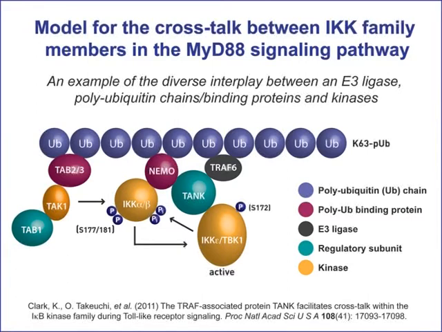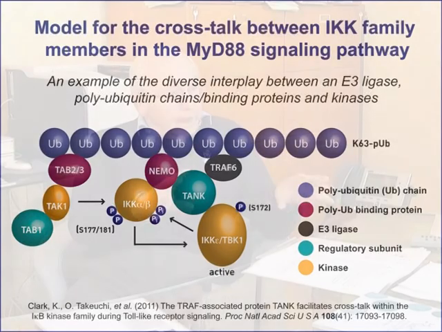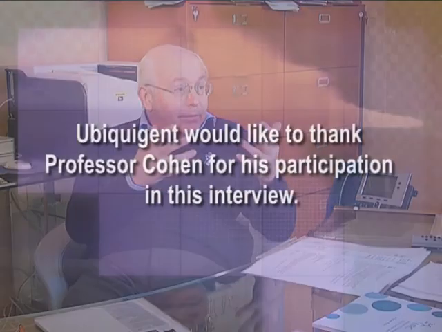There were examples where phosphorylation provided the recognition site for an E3 ubiquitin ligase to then ubiquitylate and degrade another protein, and even deubiquitylases were themselves controlled by phosphorylation. So this is really how I became involved.